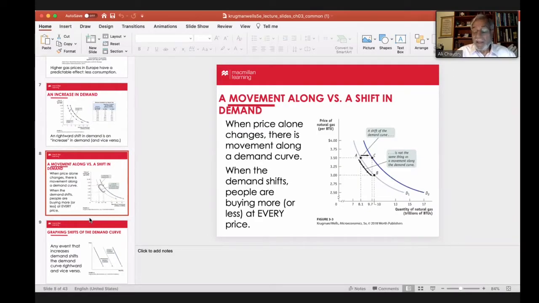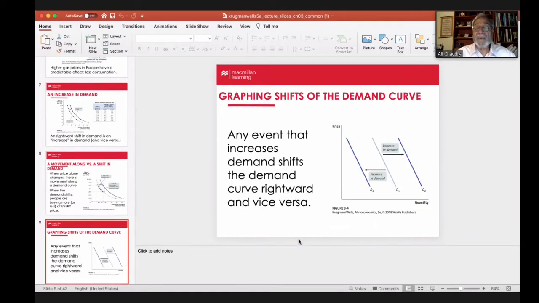A movement along the curve simply means you are looking at changes in prices and moving along the same curve, whereas an increase in demand represents a shift in the demand curve to the right, and if the demand curve shifts to the left, that would be a decrease in demand. There is an example of that.